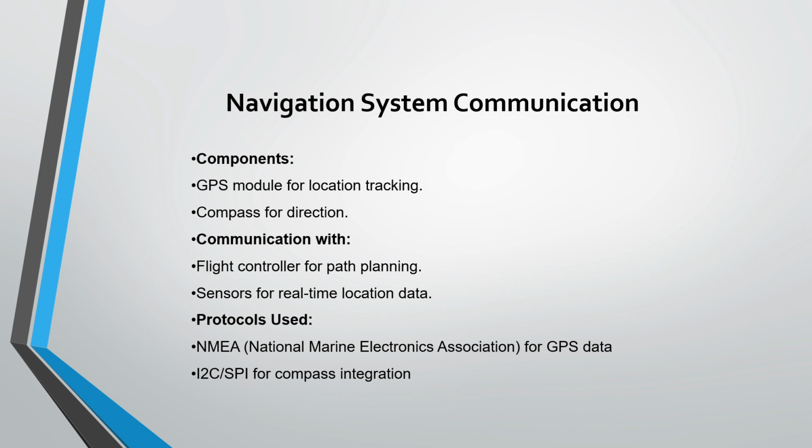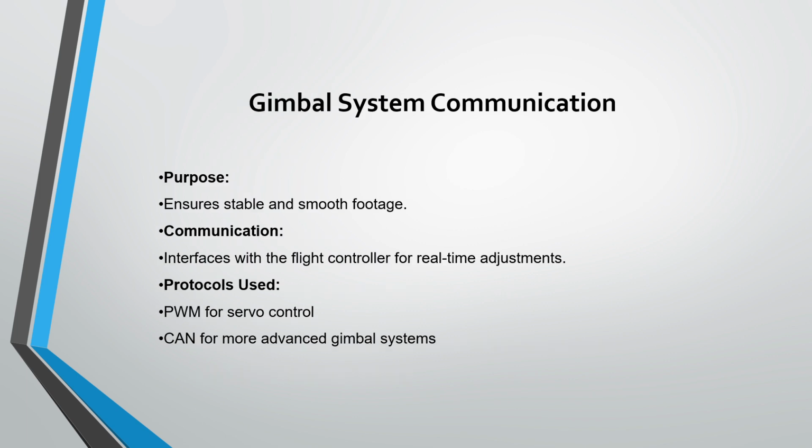And for the second one, we can use either I2C or SPI for compass integration. Now let's move on to gimbal system communication, and how it communicates with the other parts of the drone.